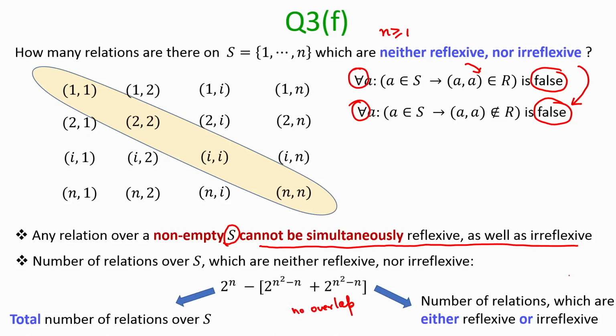So, my goal here was to find out the relations which violate the requirements of being reflexive and irreflexive.